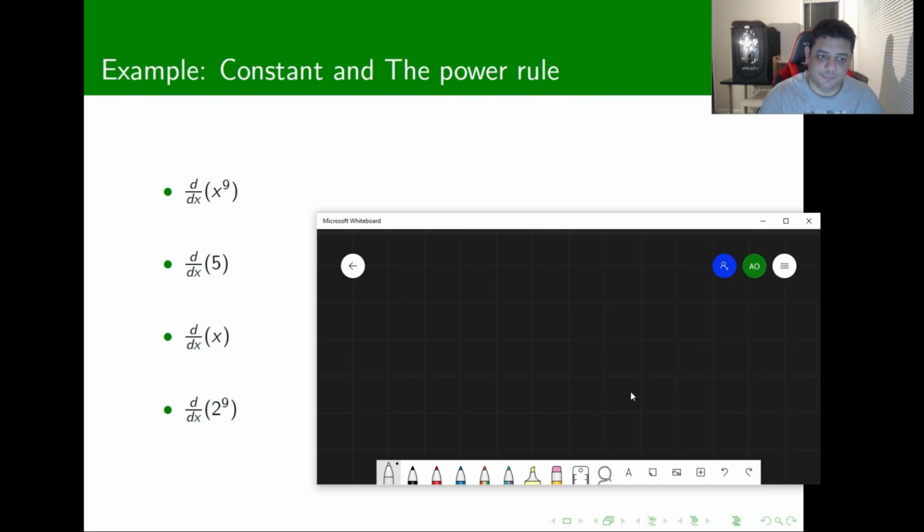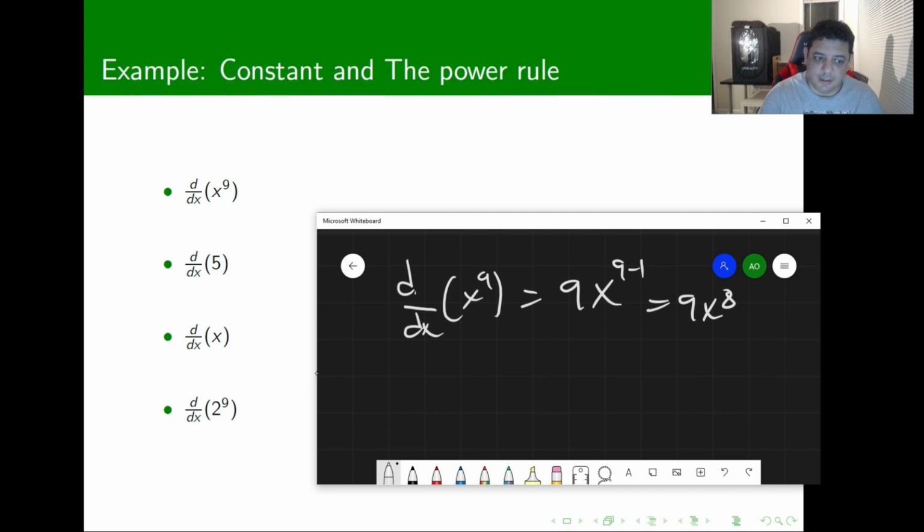So for the first one, the derivative, this is another way of writing the derivative, by the way, of x to the 9 will be 9x to the 9 minus 1, or 9x to the 8. Derivative of 5 will be the derivative of a constant, 0.